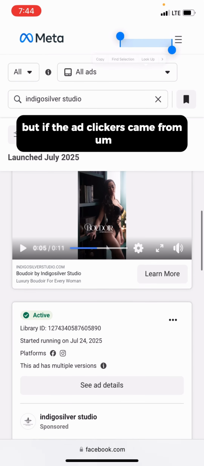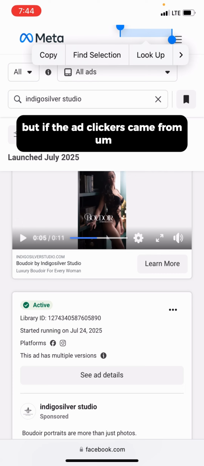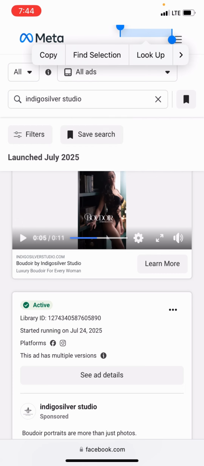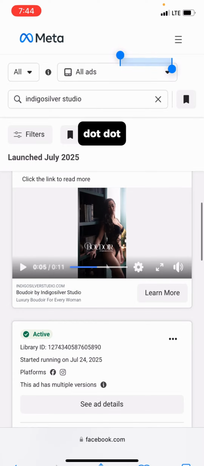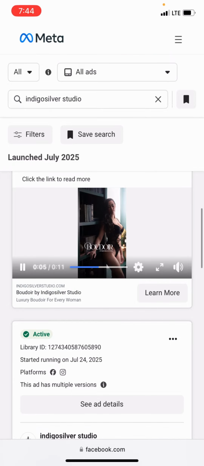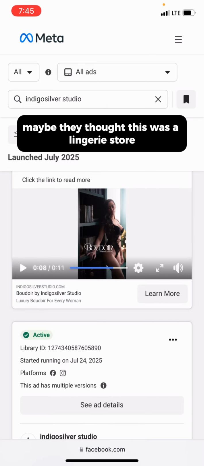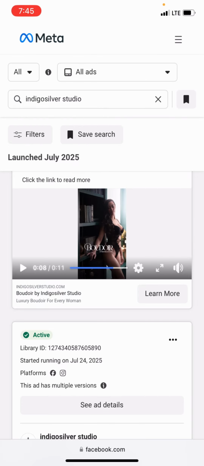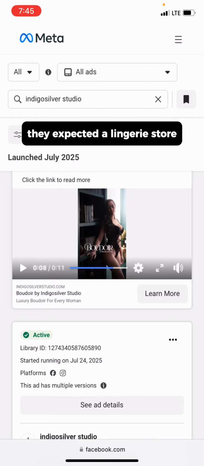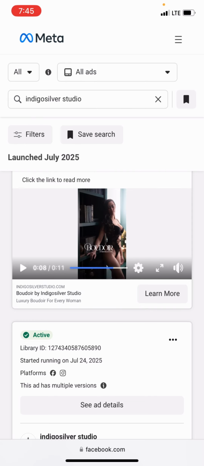But if the ad clickers came from clicking here on the bottom before clicking See More, maybe they were scrolling fast, maybe they thought this was a lingerie store or something. They expected a lingerie store. Oh, not what I expected.